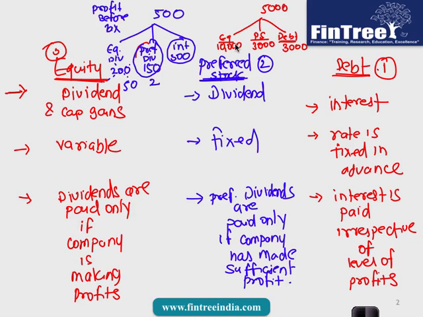The sequence in which payment would be made, entire debt would be paid off first, and then 2,000 would be paid off to preference shareholders, and nothing would be paid to the equity shareholder. So preference shareholders get preference at two places. Number one, in case of payment of dividends, and number two, in case of payment of the liquidation amounts when the company shuts down. Are we fine here?